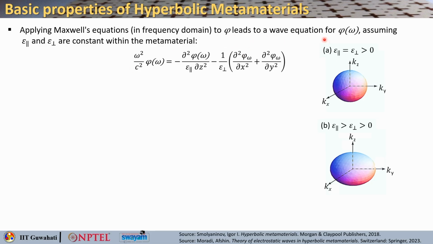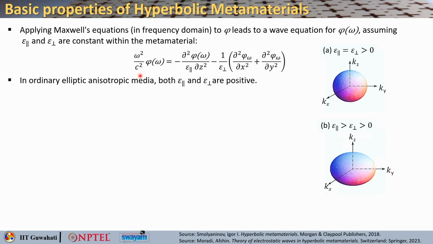Now, after applying Maxwell's equation in the frequency domain, you will see that this phi basically leads to a wave function for phi omega, assuming that the parallel and perpendicular permittivity are basically constant within the material. So, you can basically think of this is the isotropic case and this is the anisotropic case. Okay.